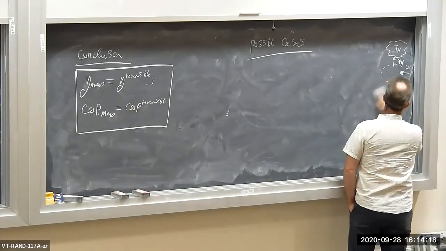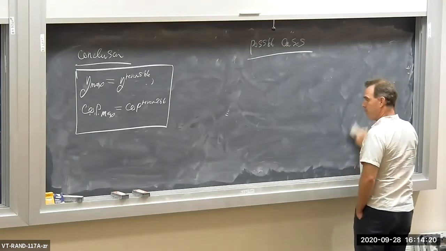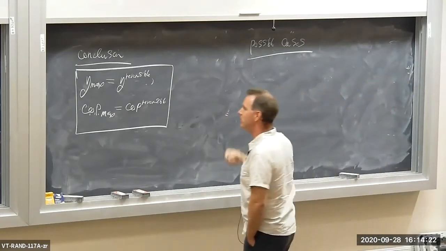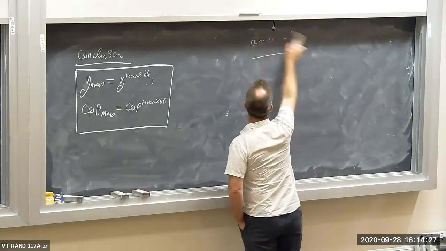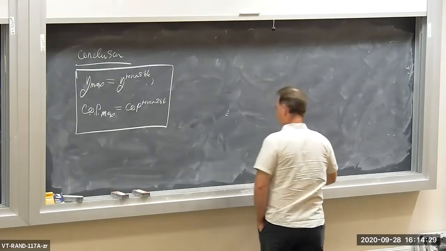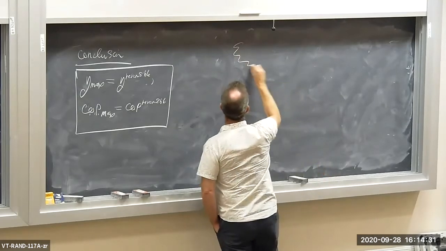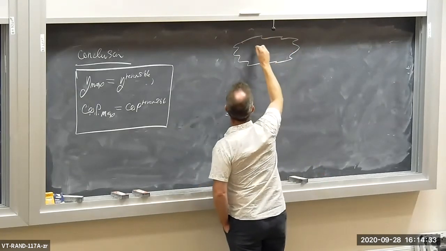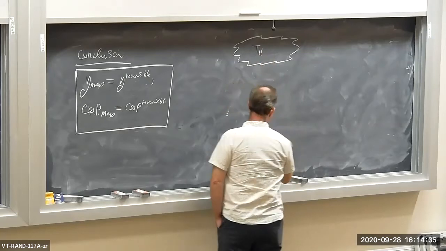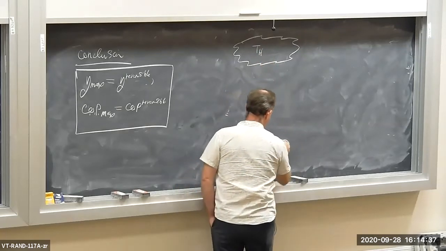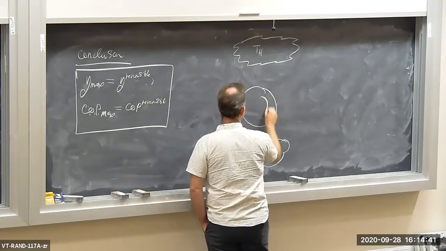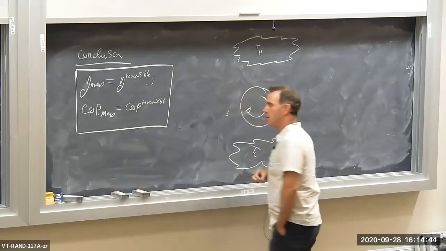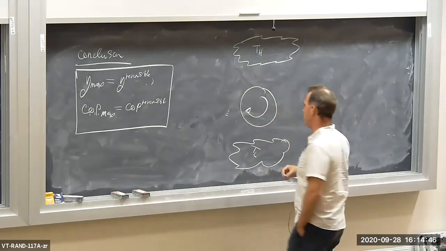Let me write down the actual expressions for efficiency and coefficient of performance for a device operating between two reservoirs. So here we have our T high. Here we have our T low, and we have a general device here. Let's say it's a reversible device.